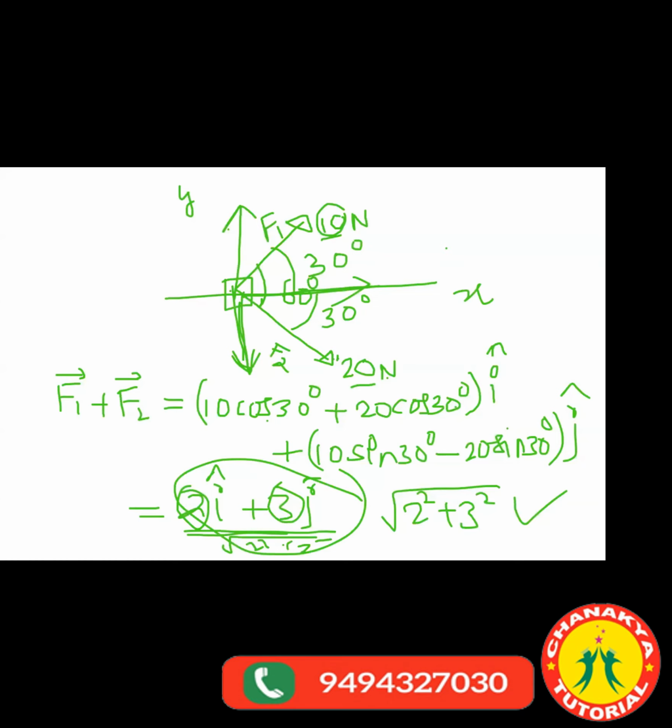So let me give you some questions. A vector is 2i plus 3j and B vector is 3i minus 4j.